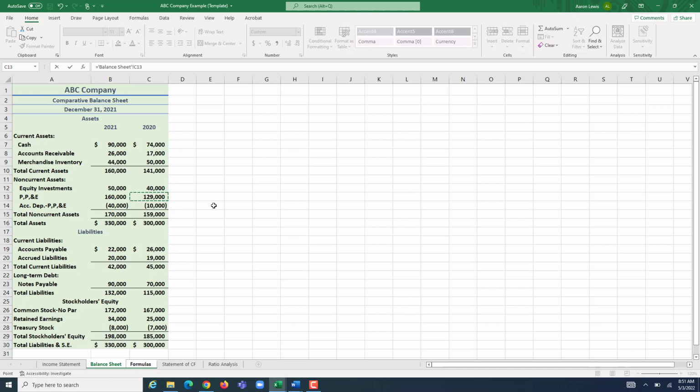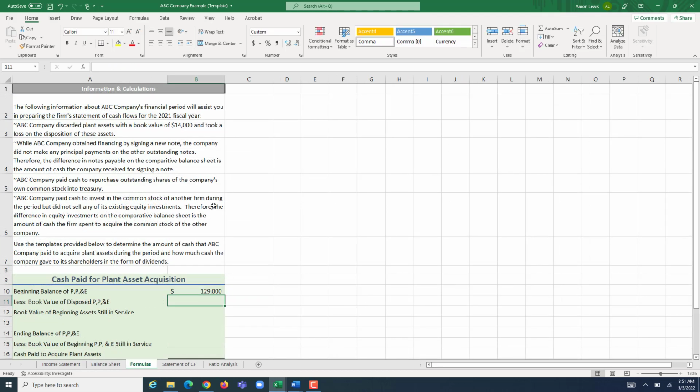Well, if we had $129,000 of plant, property, and equipment when the 2020 business year ended, we must have had the same amount when the 2021 business year began. Whatever we had in PP&E on December 31st, 2020 is going to be exactly the same amount that we had on January 1st, 2021. So I'm going to start by bringing that $129,000 over.